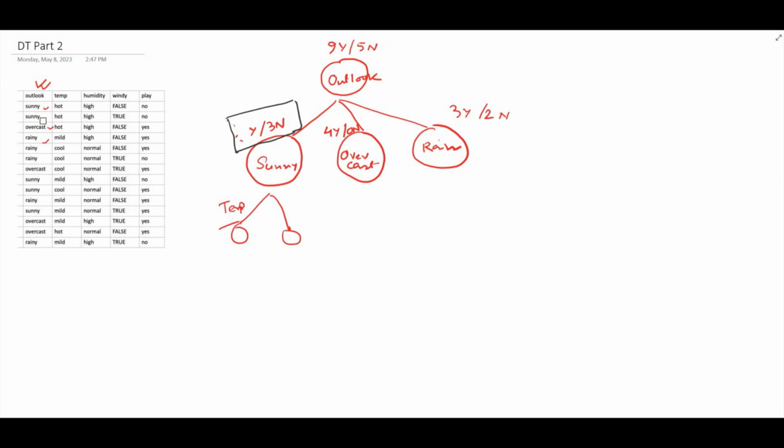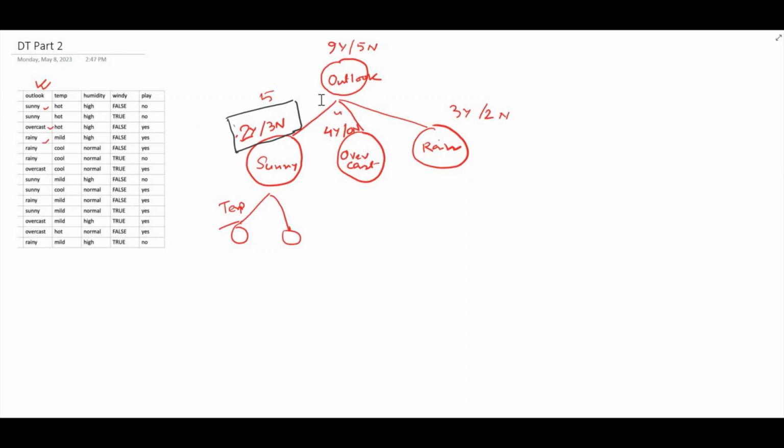When it is sunny, we have only 2 yes and 3 no. Let's stick to the red pen. Now it is matching, because the split is 5, and 4 plus 5 is 9. Now it's all right.